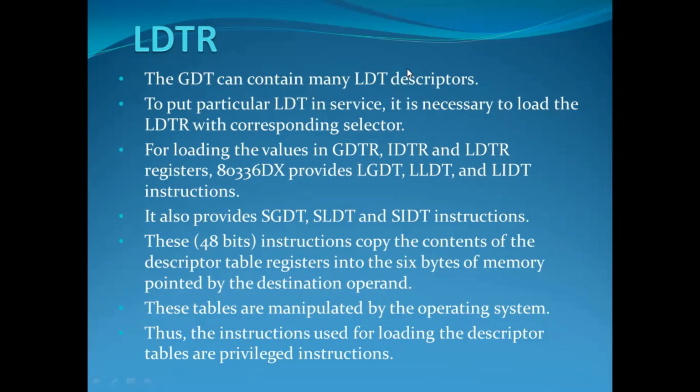These 48-bit instructions copy the contents of the descriptor table register into the 6 bytes of memory pointed to by the destination operand. These tables are manipulated by the operating system. Thus, the instructions used for loading the descriptor tables are privileged instructions.